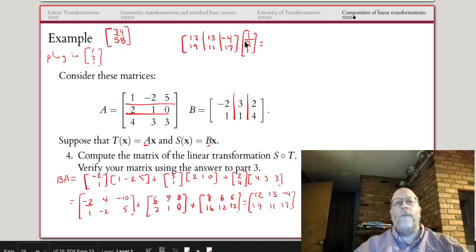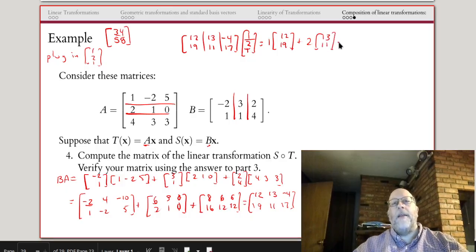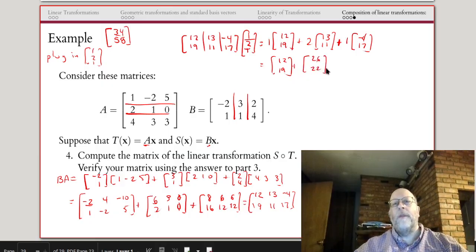Column row rule. So 1 times 12, 19. 2 times 13, 11. And 1 times -4, 17. So that's still 12, 19 plus 26, 22 plus -4, positive 17.